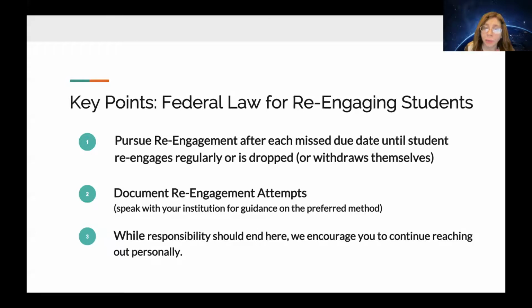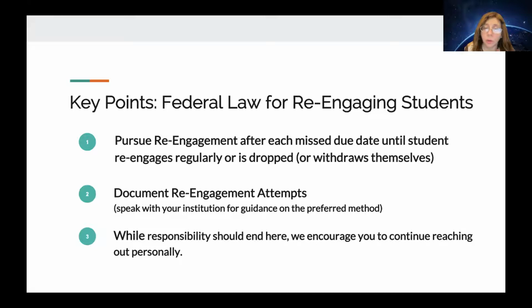So key points for the federal guidelines related to re-engaging students: pursuing re-engagement after missed due dates until the student re-engages regularly or is dropped or withdraws themselves. Also, documenting your re-engagement attempts. So not only trying to re-engage students, and we'll talk about those methods, but also documenting your attempts.